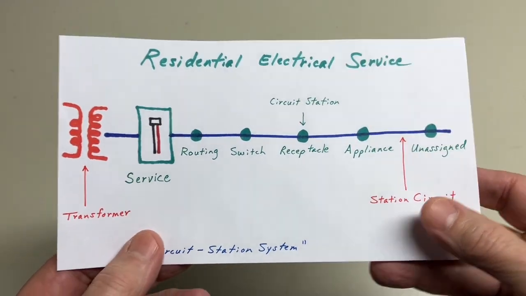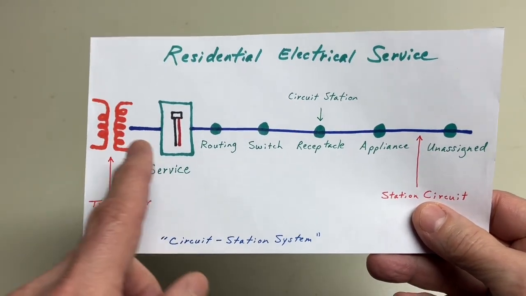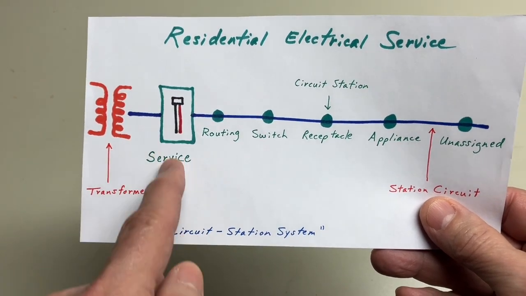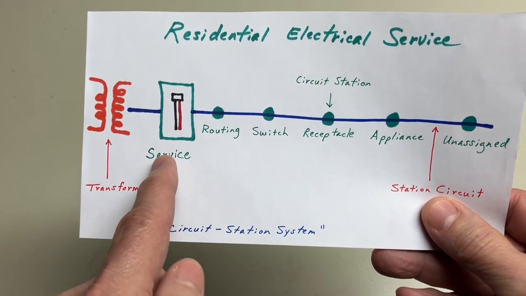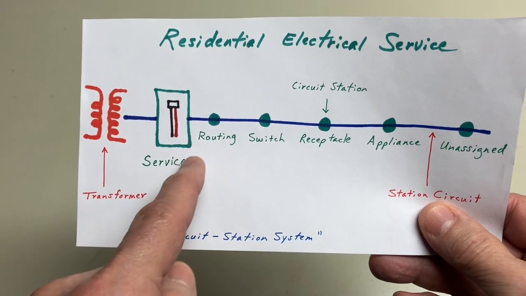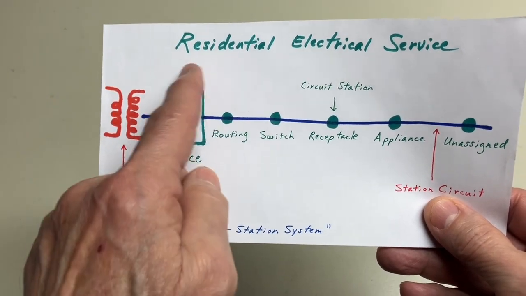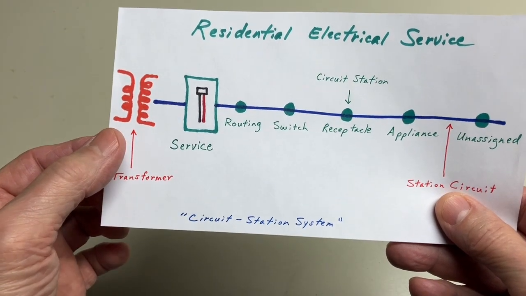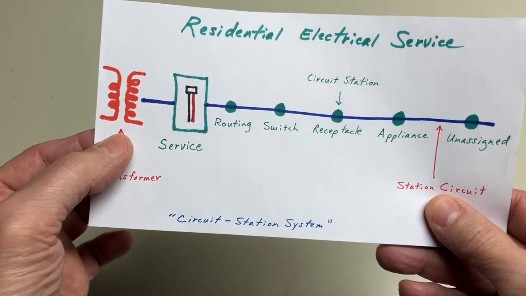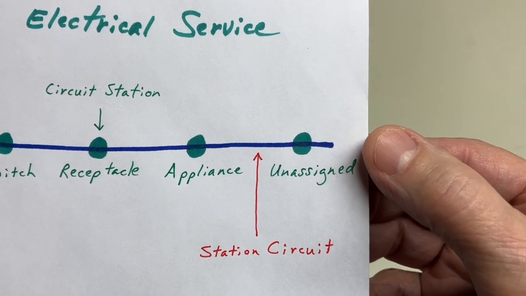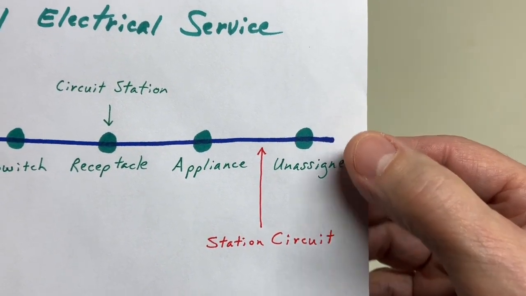Thus far, I've shown how I consider the service station, or you might call it a service entrance panel. I've shown how I consider that part of the system, all right? And I've shown why I call it a station. In other words, I consider the circuit to really start at the transformer and end at the end of any given station circuit, or what you might call a branch circuit.